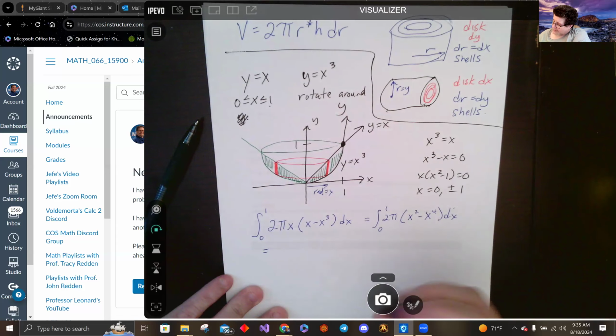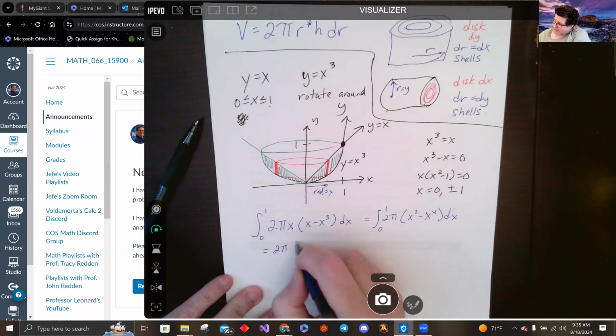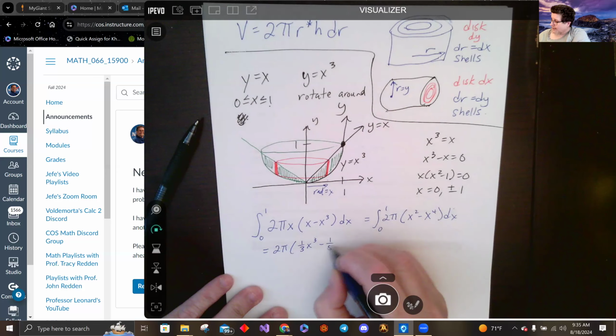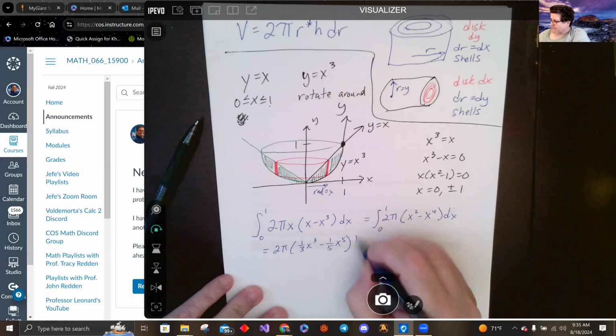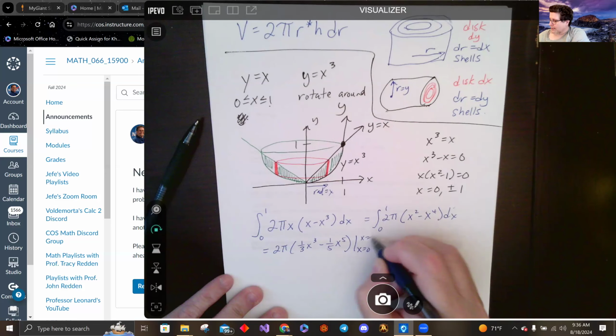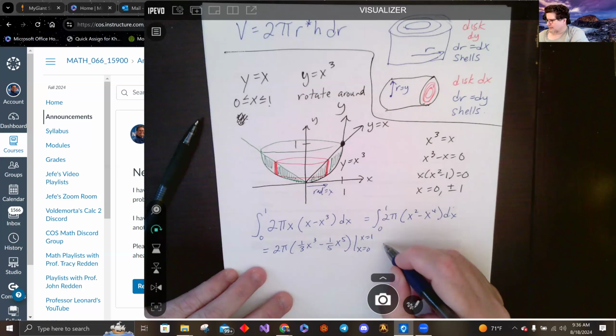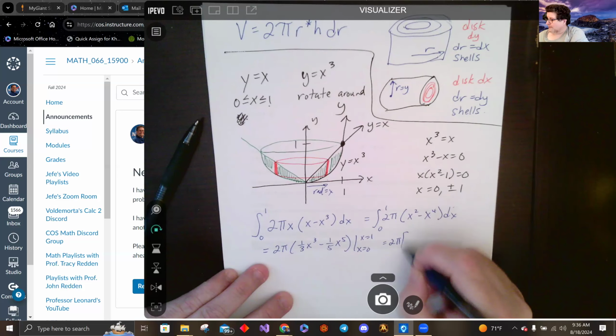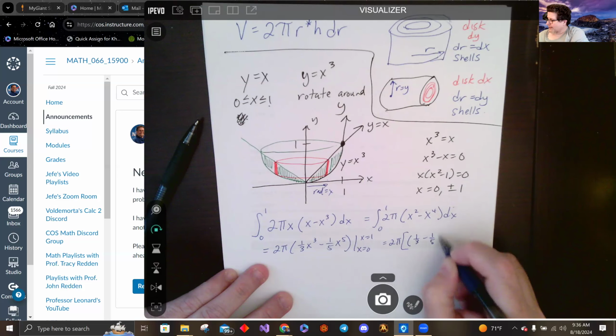This gives us 2 pi times 1/3 x cubed minus 1/5 x to the 5th from x equals 0 to x equals 1. When we stick in 1, we get 1/3 minus 1/5.